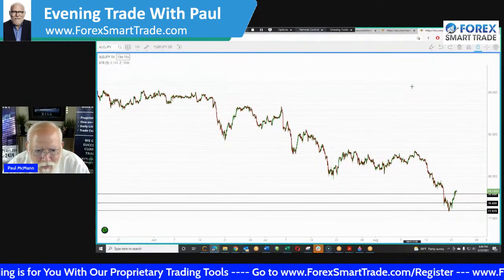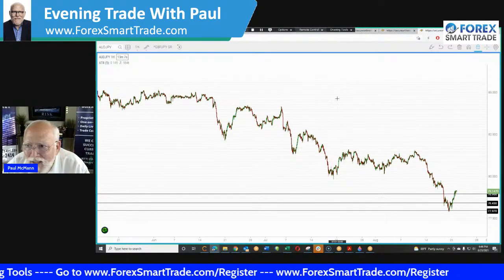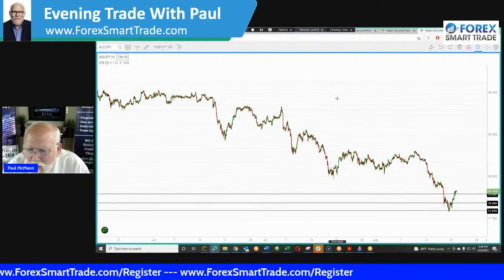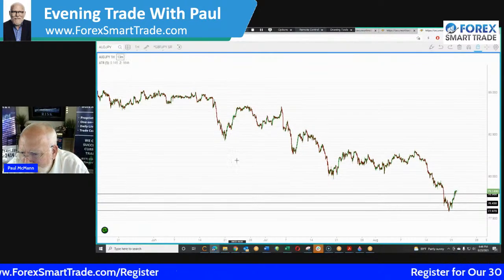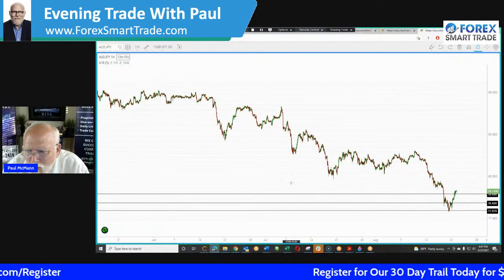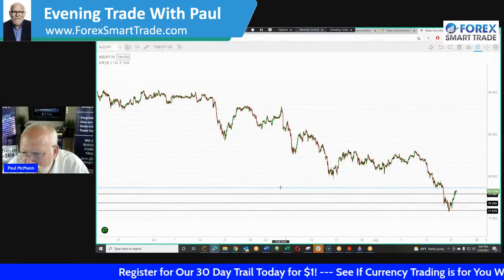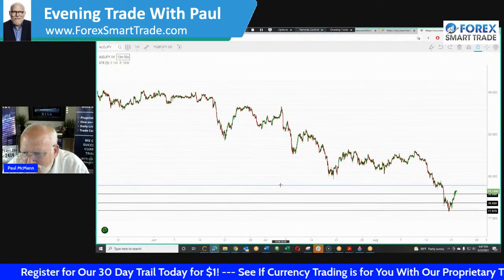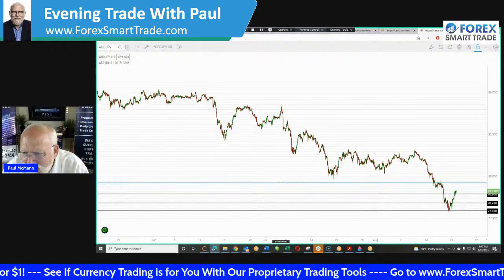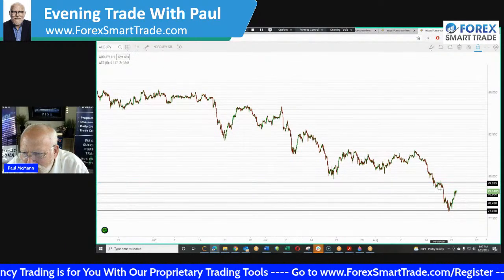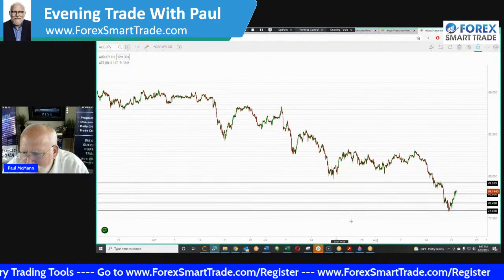I don't know how to go further back than this, but on the old green chart, you could go back 10 years and see other data points. But right now we're trading. Actually, let's get one more here. It's bumping right in here, bumping right in here.